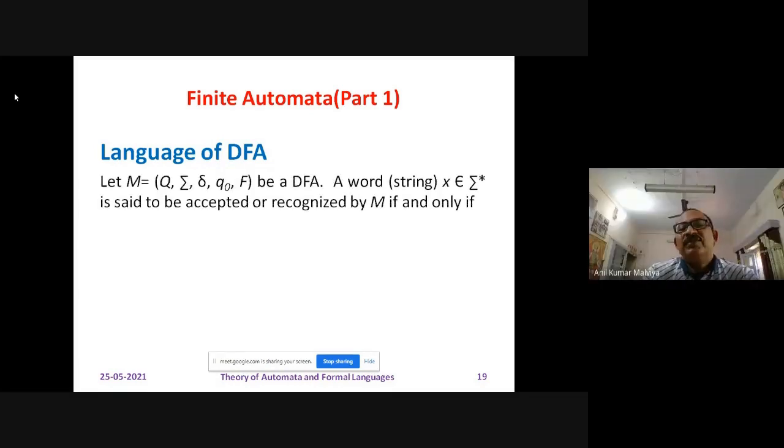Next, the language of a DFA. Let us consider an automaton, which is represented by the 5 tuples Q, sigma, delta, q0, F. And let us take x is an element of sigma star. When will we say a word is accepted by the machine?